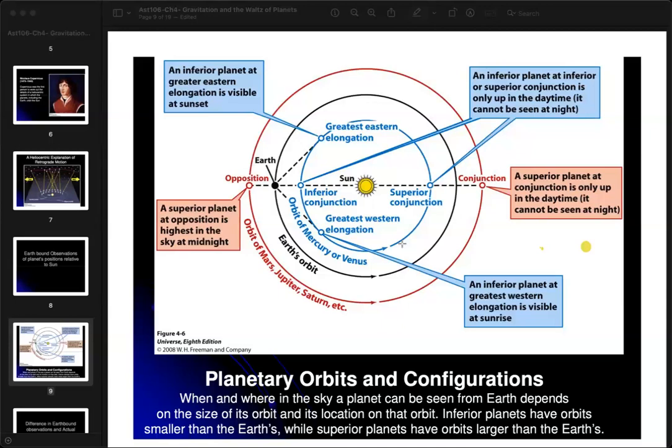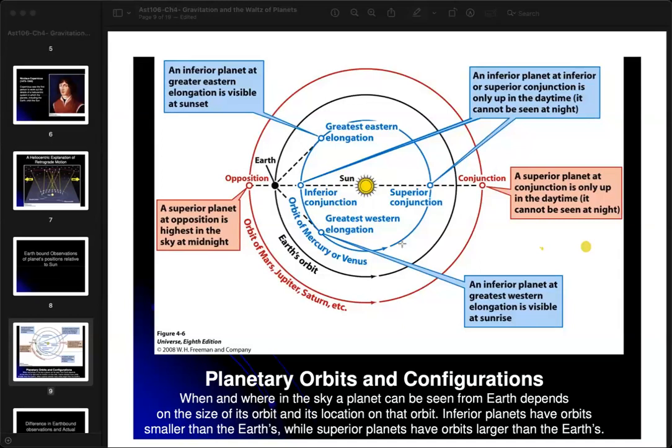If it is to the left, then it has an eastern elongation. It is to the east of the sun. Or when it is on the other side, then it is to the west. And those two situations are called eastern elongation or western elongation.